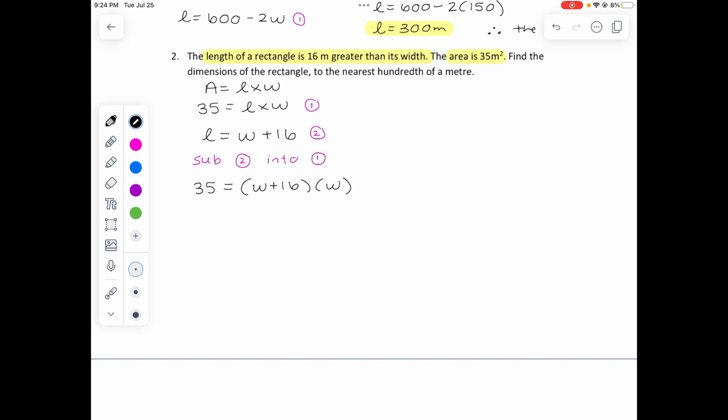And in this case, we're trying to find the dimensions, so we want to solve for W. So we need to expand on the right side and then bring the 35 over. Okay, so first I'm going to expand, so I'm multiplying both pieces of the first bracket by the second bracket, so I'll have 35 equals W squared plus 16W, and then I'm going to bring this 35 over.